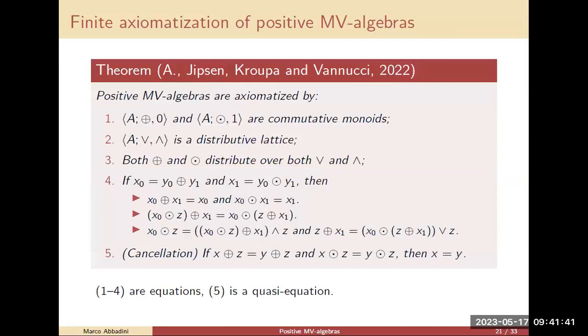So just to understand, you consider the subreducts of MV-algebras, but without taking join and meet, and you keep the order. Okay. What is the axiomatization?